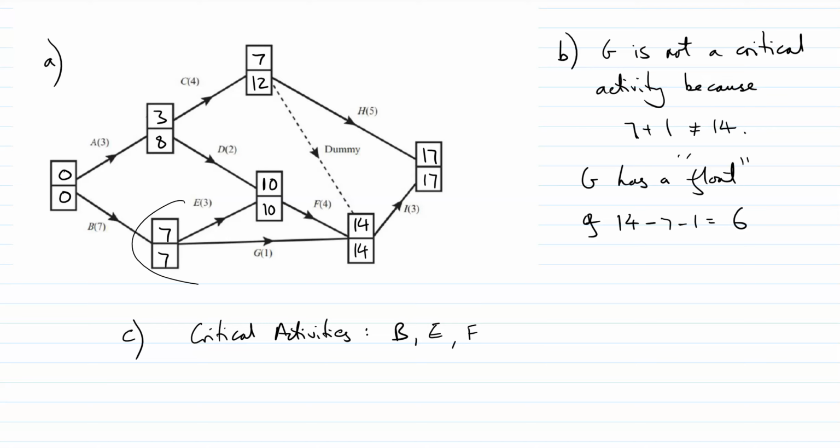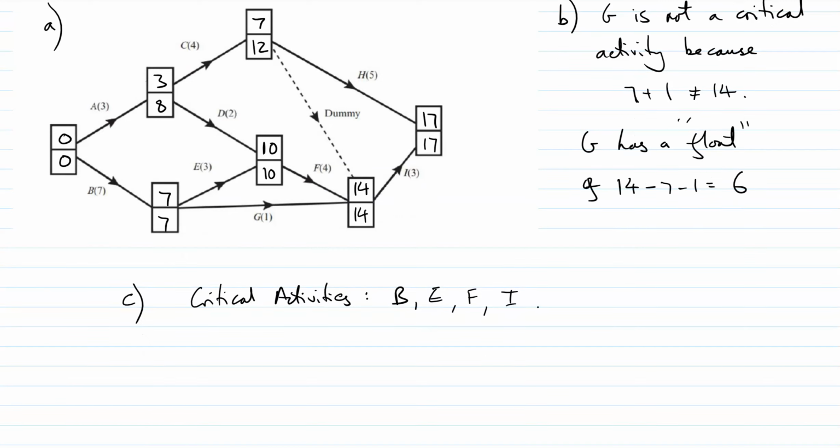So this is an example of G where it looks like it might be, but we know it's not because we've explained it. H is not critical and I is critical. So there are critical activities, and then our path that is critical. Remember, there can be more than one, but here it's just B, F, I and its length is 17 days.